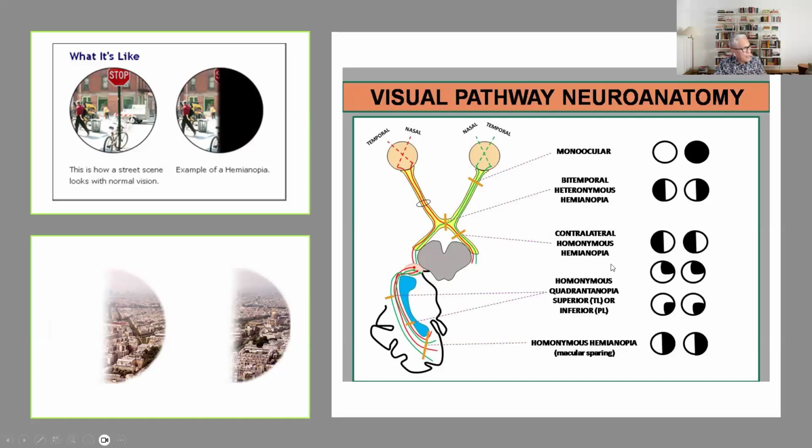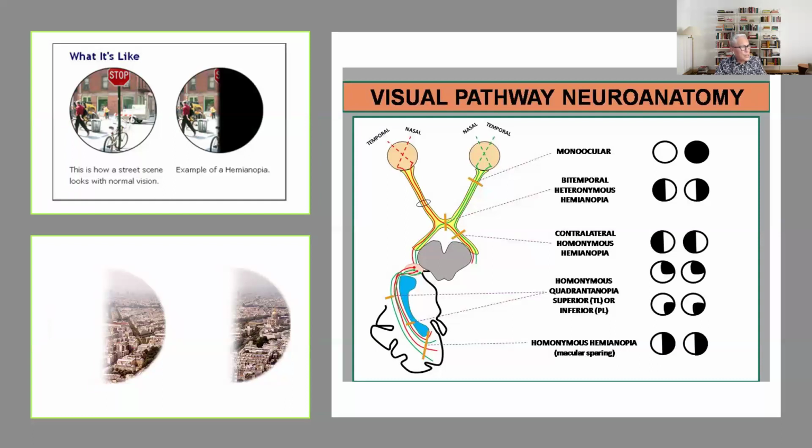All right, so the other thing that might occur is hemianopsia. And of course, this is one hemianopsia. Over here, this is on the same side. This is what's called homonymous hemianopsia, the same half of each visual field.